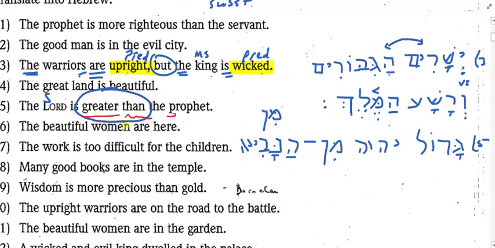Now, we could also add it the short way. How would I do that? It would not be min ha-navi, but I would have done a hiriq and a doubling dot because the nun would have assimilated, but the hey says, no way, Jose. Reject the dagesh forte, compensatorily lengthen the hiriq. Now you know why the hiriq becomes a tsere.